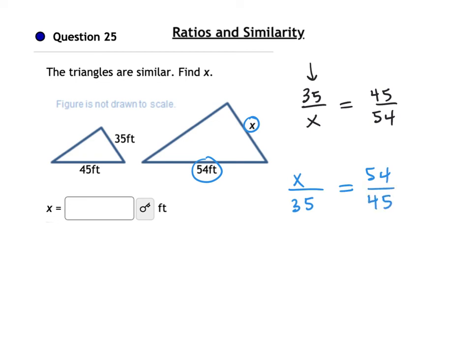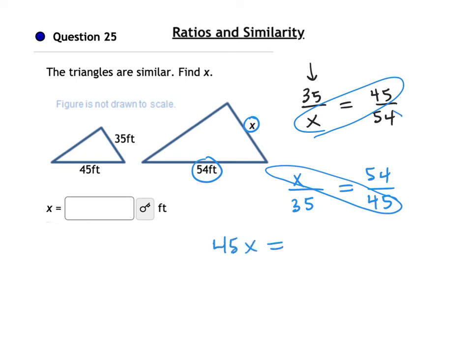Notice that when I cross multiply, in the top proportion I get 45 times x, and in the bottom proportion I also get 45 times x. 45x equals, in the top proportion, 35 times 54, and in the bottom proportion, 35 times 54.